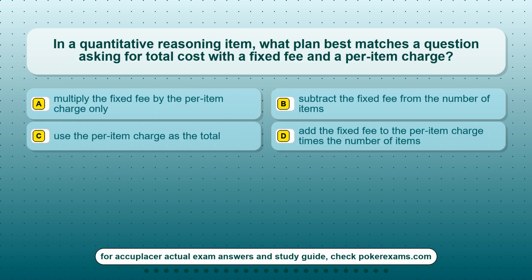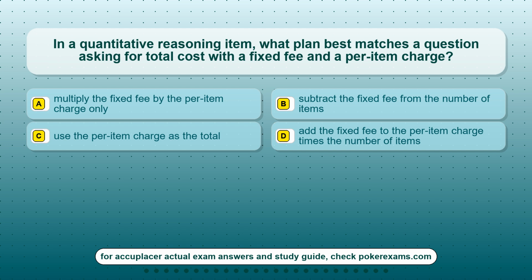Question 15. In a quantitative reasoning item, what plan best matches a question asking for total cost with a fixed fee and a per-item charge? Option A. Multiply the fixed fee by the per-item charge only. Option B. Subtract the fixed fee from the number of items. Option C. Use the per-item charge as the total.